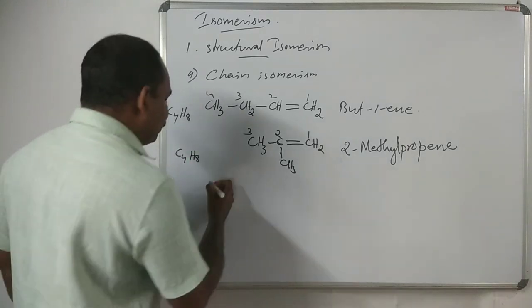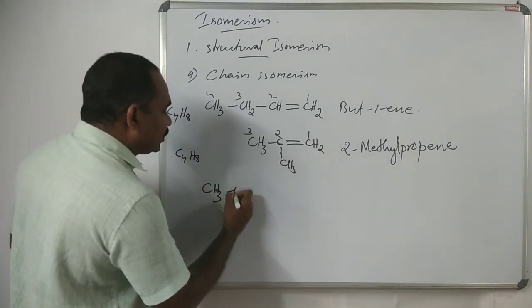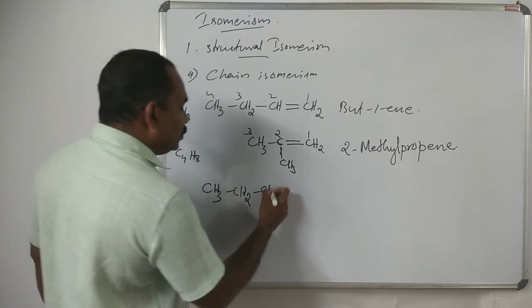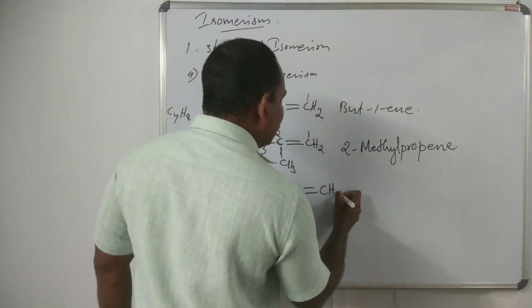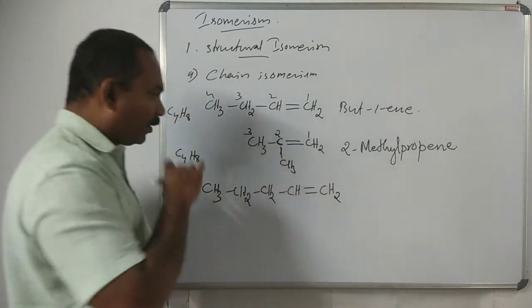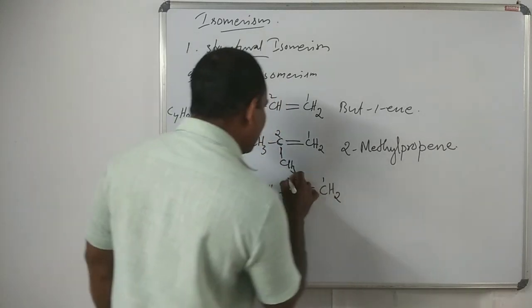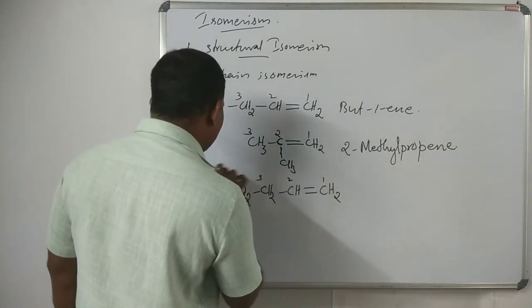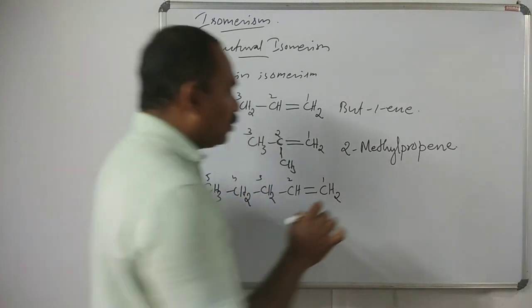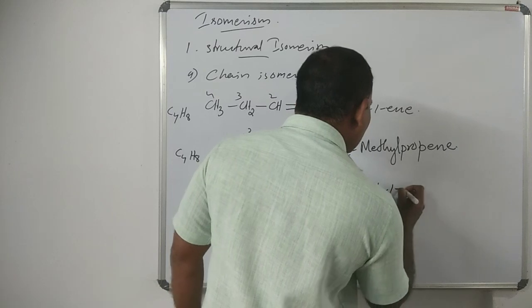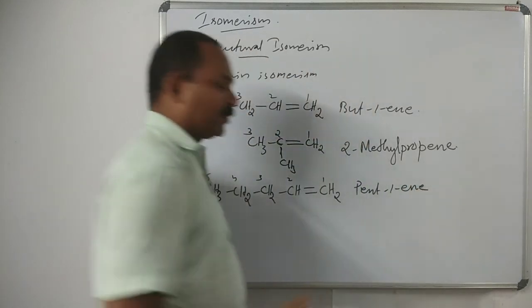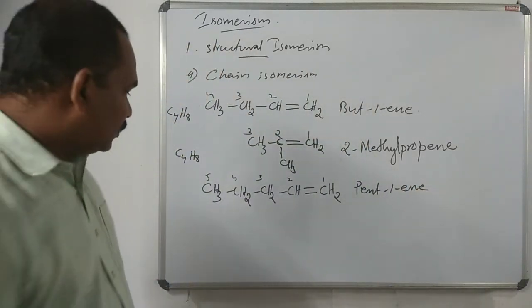Okay, one more example. CH3, CH2, CH2, CH double bond CH2. Okay, what is it? 1, 2, 3, 4, 5. It is pent-1-ene.